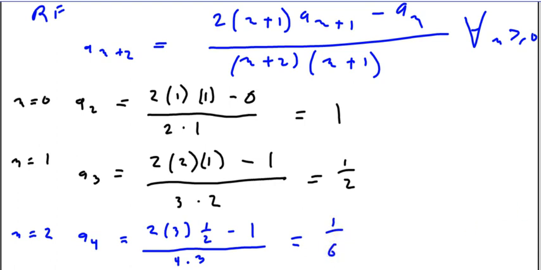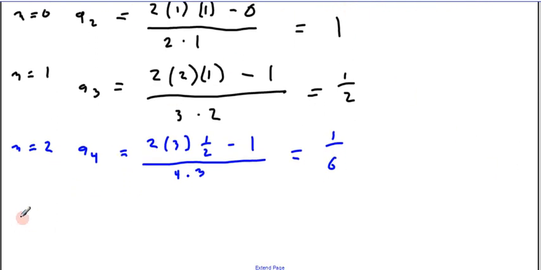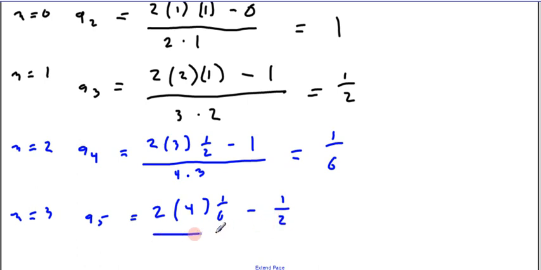Okay, I'm going to do it one more time, but I'm going to memorize my recurrence formula so I can do it. n is equal to 3. I have a5 is equal to 2 times 4 times 1 over 6, minus 1 over 2, divided by 5 times 4.